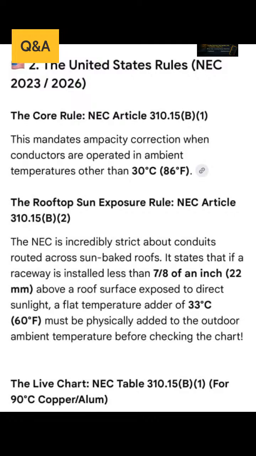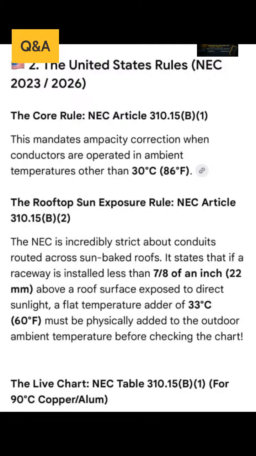So the United States rule, the core rule, NEC, mandates ampacity correction when conductors are operated in an ambient temperature other than 30 degrees Celsius. The rooftop sun exposure rule: the NEC is incredibly strict for conduit mounted across a sun-baked roof.